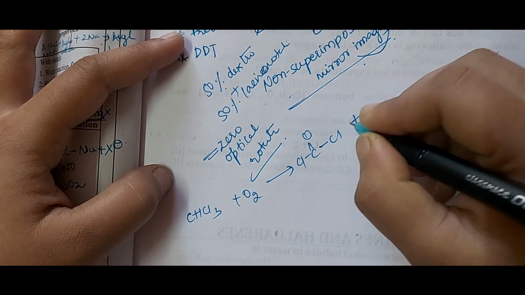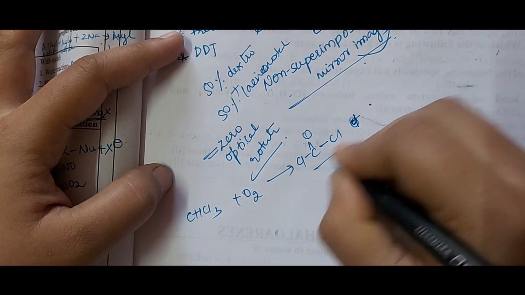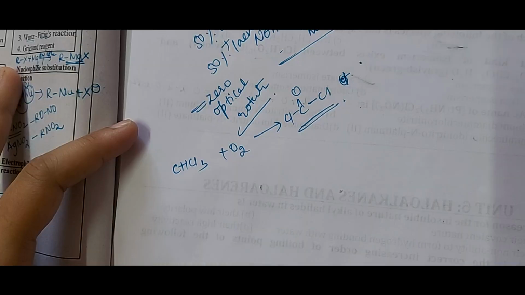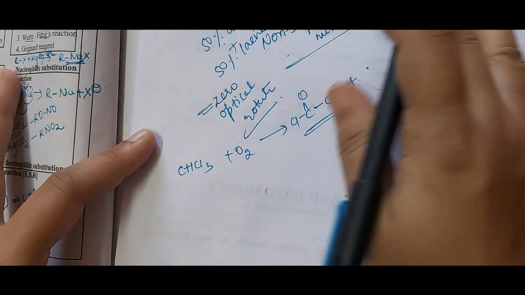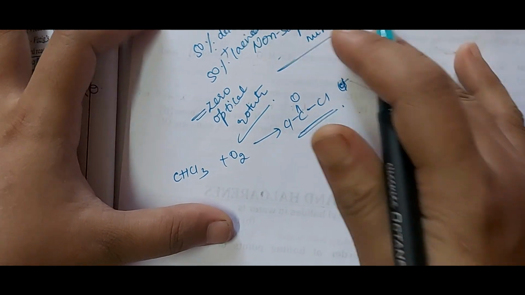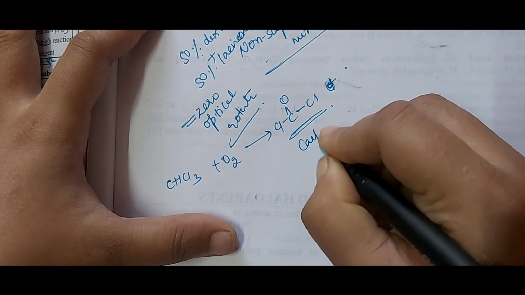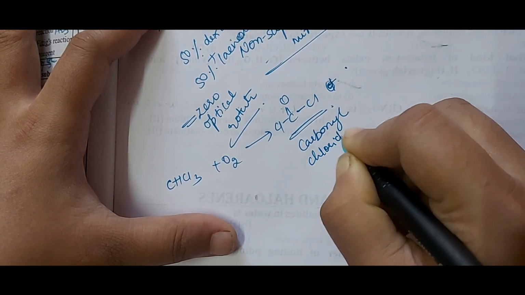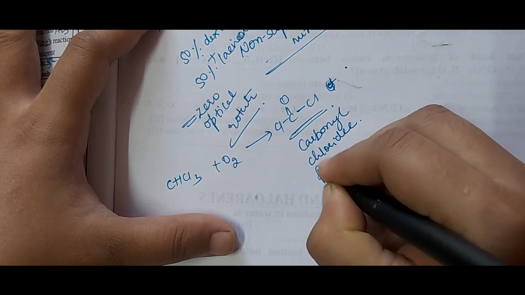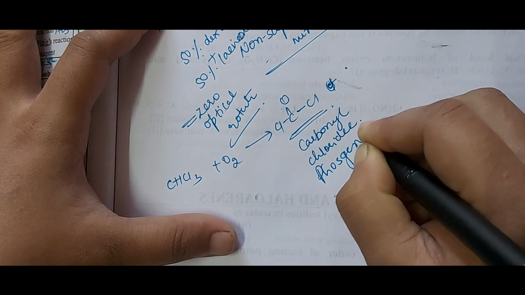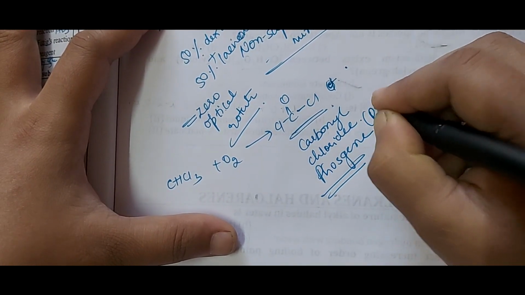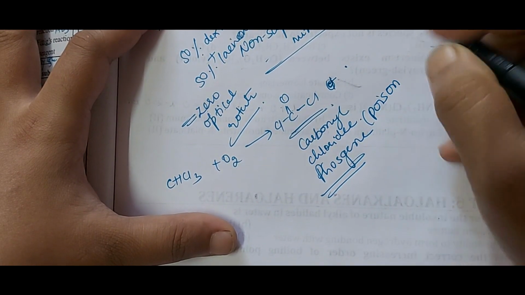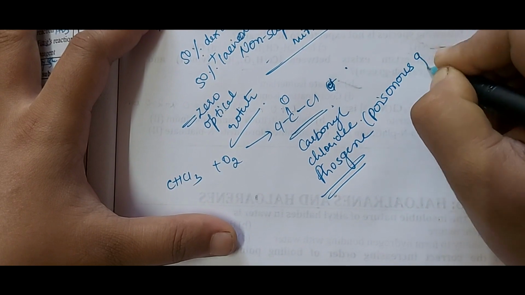And this itself we call it as carbonyl chloride, or we call it as phosgene, and this is a poisonous gas which is released due to oxidation of chloroform. So carbonyl chloride itself is called as phosgene, and phosgene is nothing but, as I said, a poisonous gas, so you should remember both names, carbonyl chloride or phosgene.